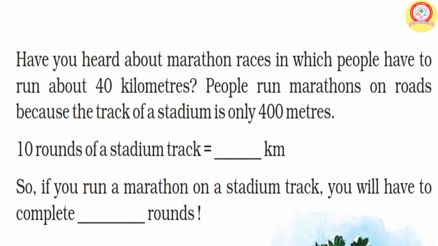So in 40,000 meter, how many rounds will you take? So if you divide 40,000 by 400, as one round is 400 meter, you will get the answer 100. So if you want to take part in marathon, you have to run 100 rounds. Did you understand children?